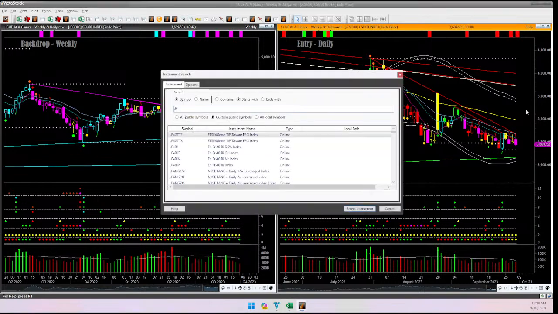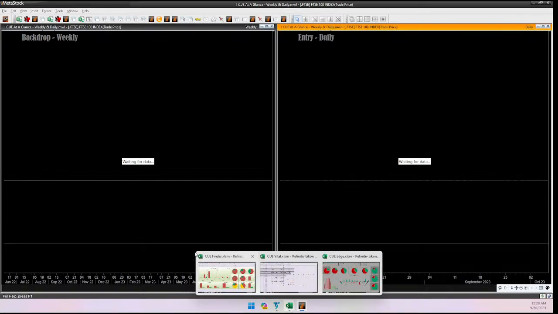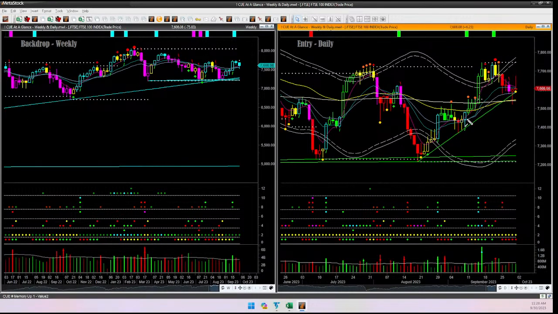Let's look at FTSE now. FTSE displayed the same unique bearish headwind at the swing high, which was also at the watermark resistance.